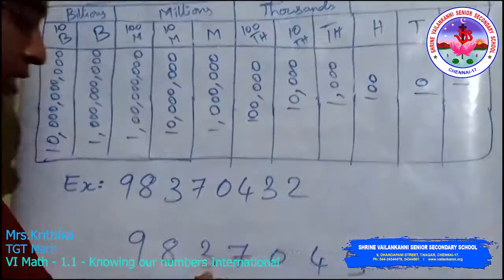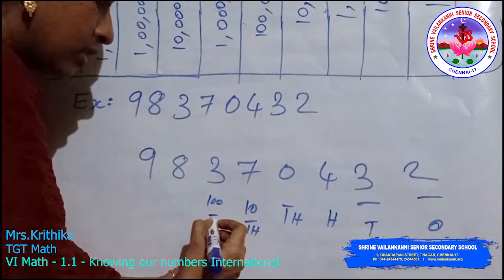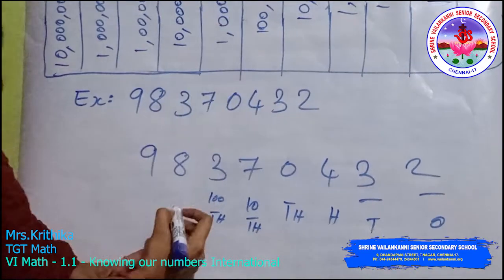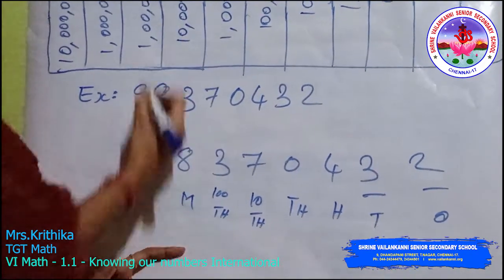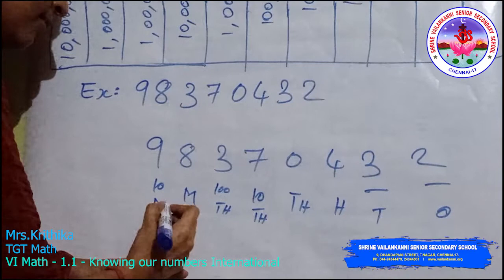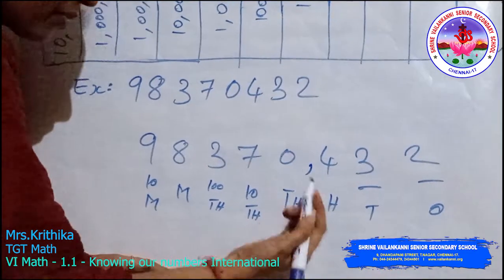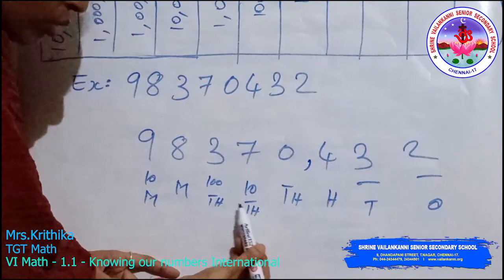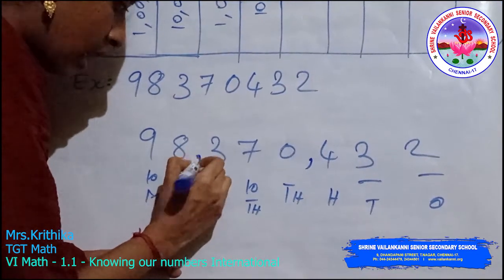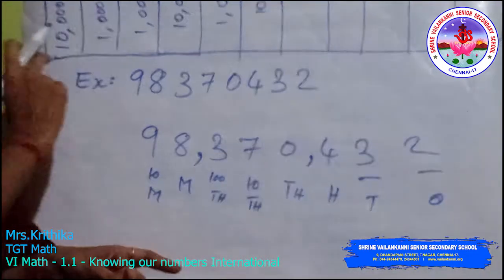Next one is 100,000. Next is million. Next one is 10 million. Ones, tens, hundreds, comma, thousands, 10,000s, 100,000s, comma, million, 10 million.